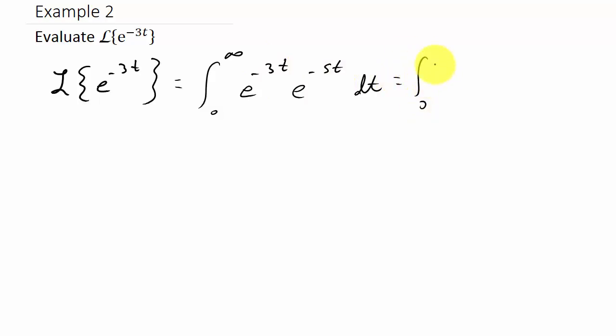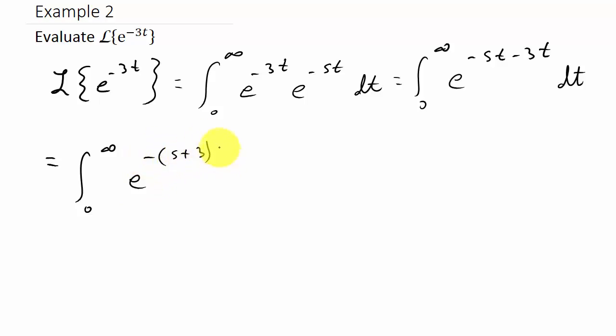So that's going to be the integral from 0 to infinity of e, and when we add the exponents, that gives us negative st minus 3t, and we're integrating with respect to t. Alright, so what I'm going to do here is factor out a negative t. That gives me the integral from 0 to infinity of e to the negative s plus 3 times t dt.